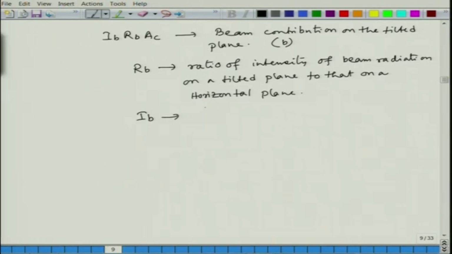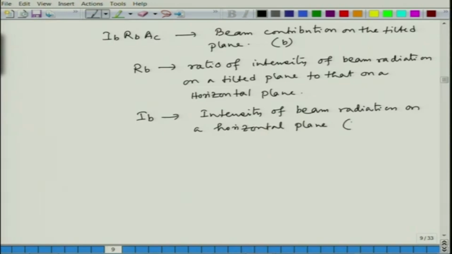I_B is the intensity of beam radiation on a horizontal plane, and that is what is easily estimated, as discussed in prior lectures.